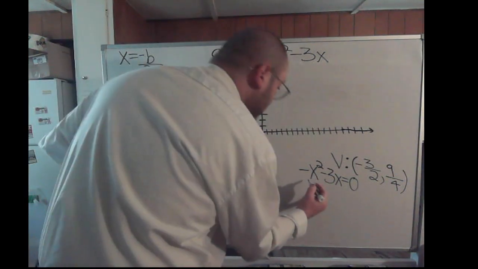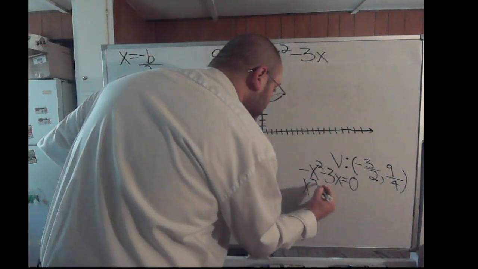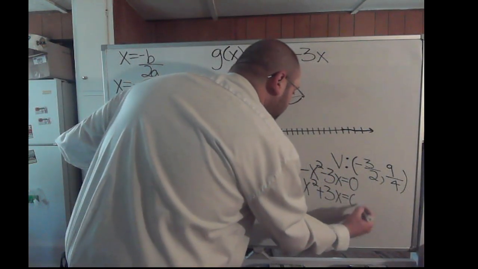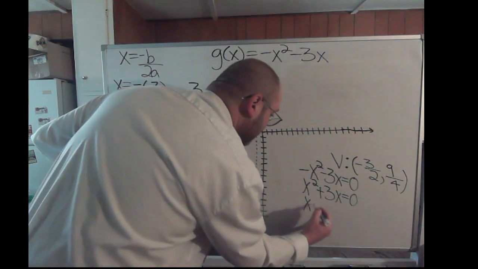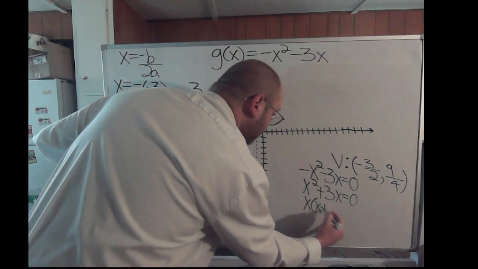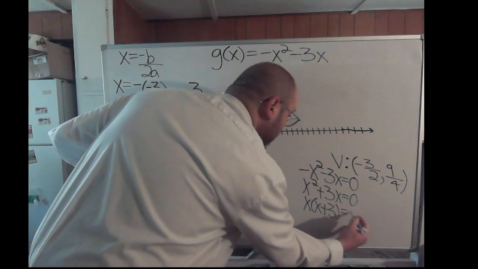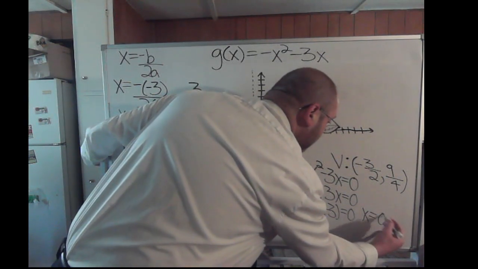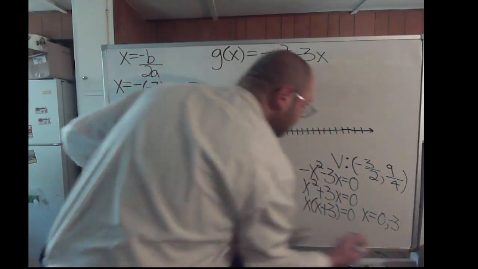Well, you could factor out a negative 1. You would get x squared plus 3x is equal to 0, which factors into x times x plus 3 equals 0. So therefore, x equals 0 and negative 3.